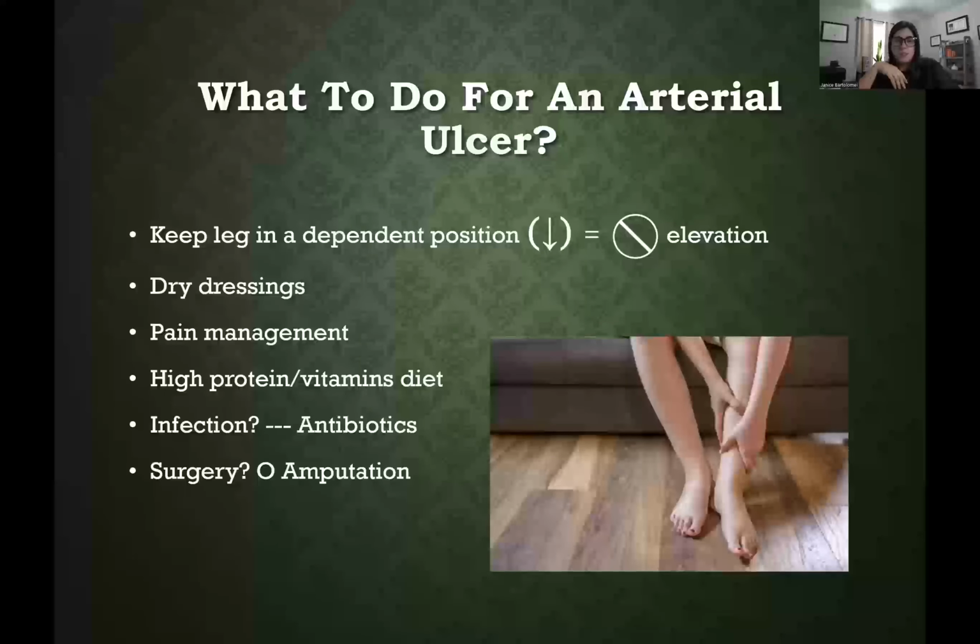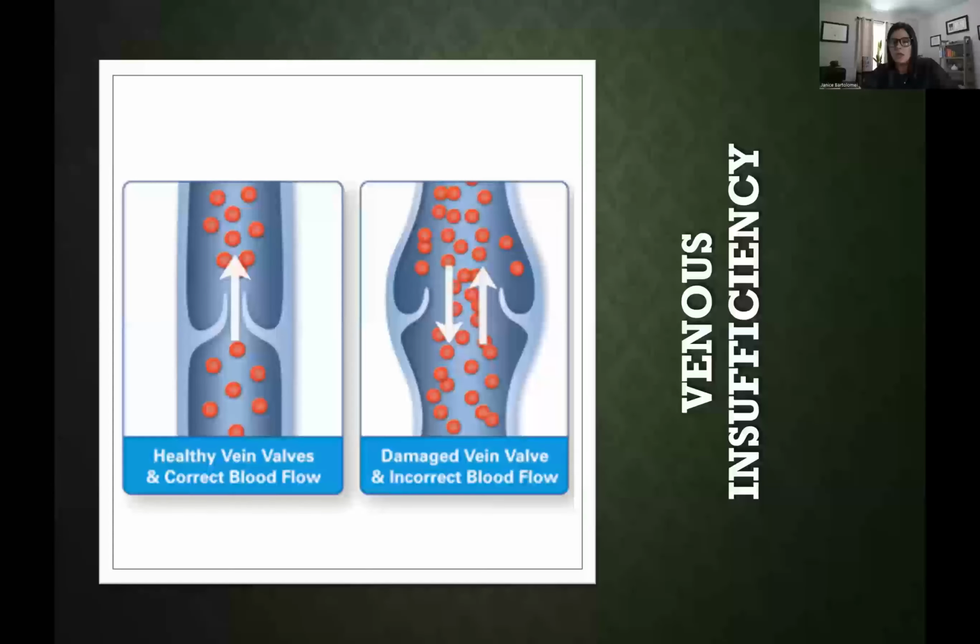Your dressings will be dry dressings. You want to manage the pain. You want a high protein, calorie, and vitamin diet. Treat any infections with antibiotics. In the worst case scenario, they might need surgery and you have to amputate. On the other hand, let's talk about venous insufficiencies.